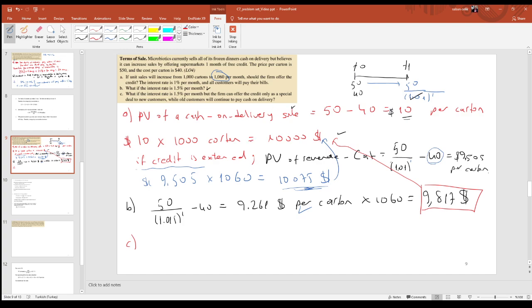The profit margin in present value terms would be 50 divided by 1.015 minus 40, which is $9.261 per carton.